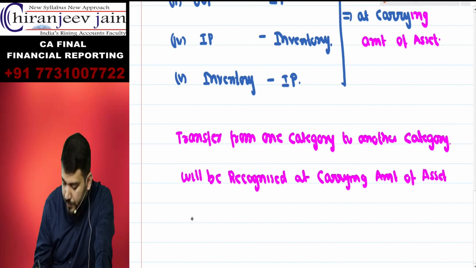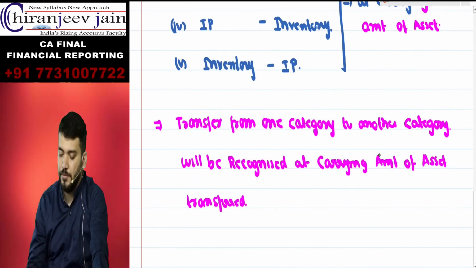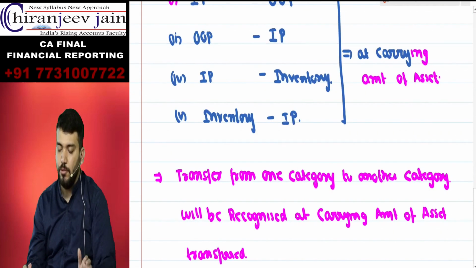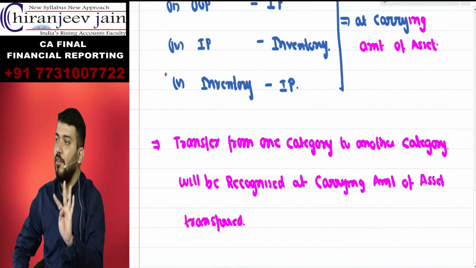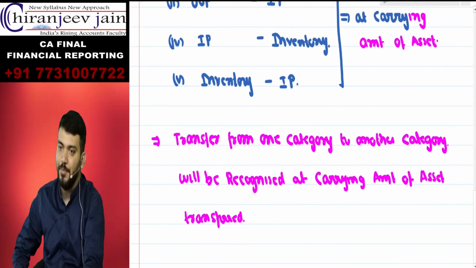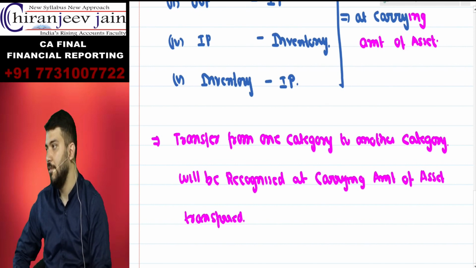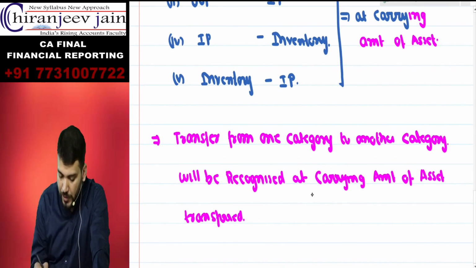So what journal entry will we do? If suppose this is the first situation, from IP to OP, what journal entry will we do? OP account debit to IP at carrying amount of IP. Simple. Correct? Let's write.